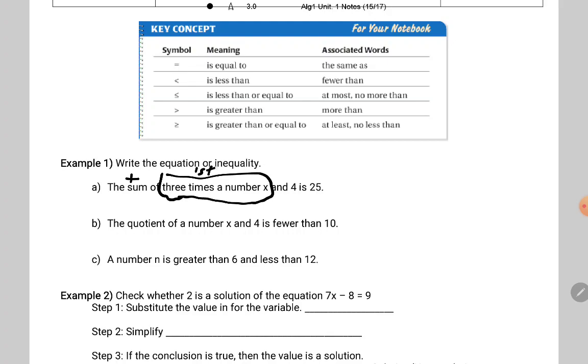And then the second number is 4. So 3 times the number x, that's 3x, and then plus 4 is, so whatever you see is, that means equals 25.